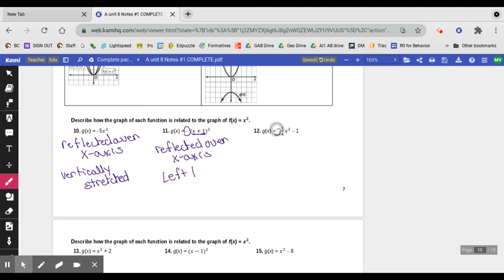12, here we have a minus sign, so that's reflected over the x-axis. We go in order of operations. The 1/4 is a vertical compression.